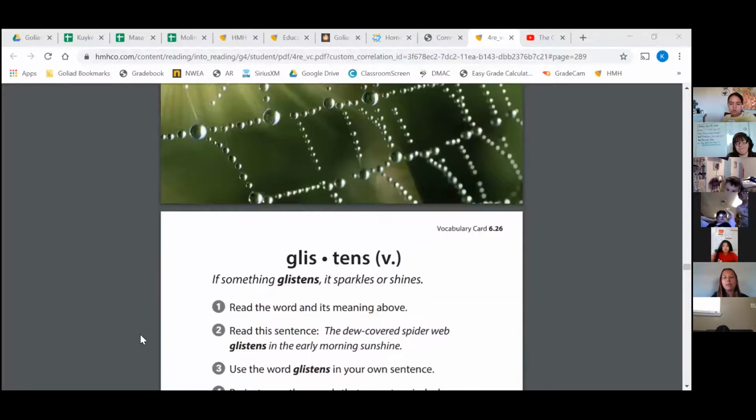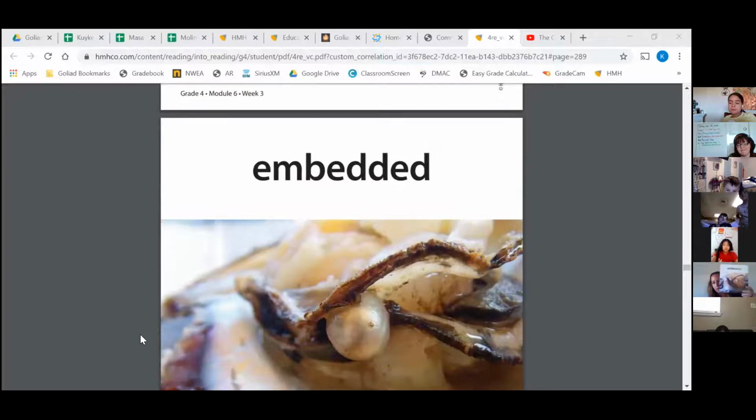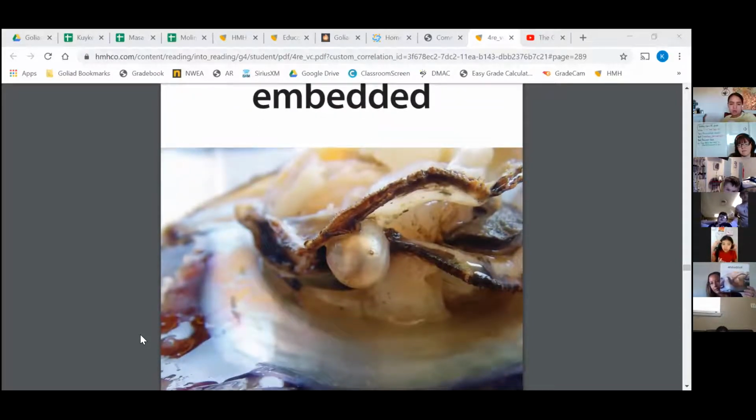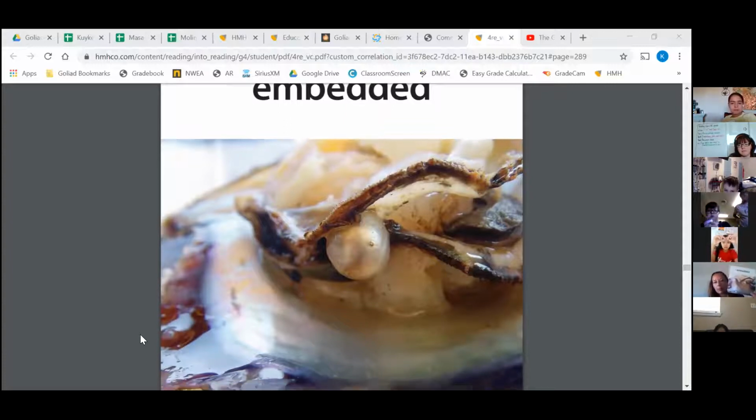Next word is embedded. What is our word? Embedded. Okay, let's look at the picture and see what's going on. Can anybody figure out what this is? A clam?